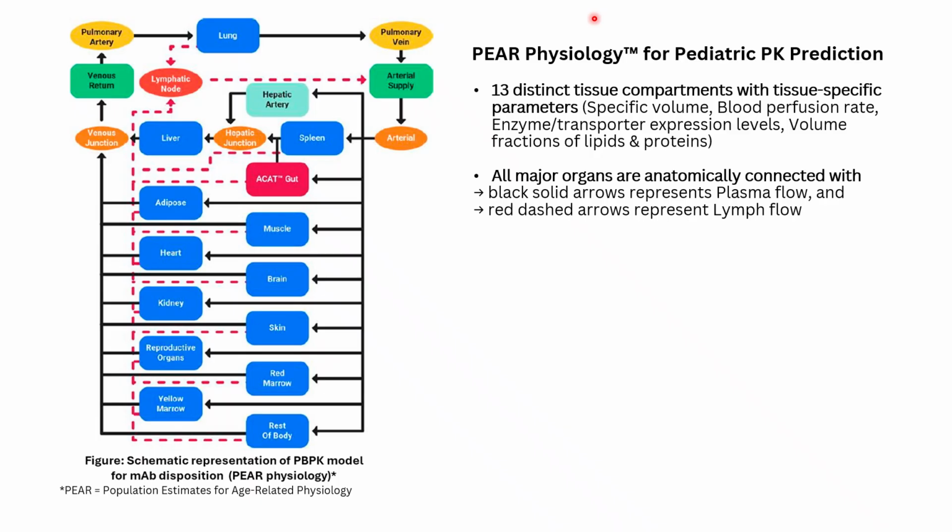So this approach defines 13 tissue compartments shown here in blue boxes, and each tissue compartment has its own volume, blood perfusion rate, enzyme and transporter expression level, and lipid protein volume fractions.